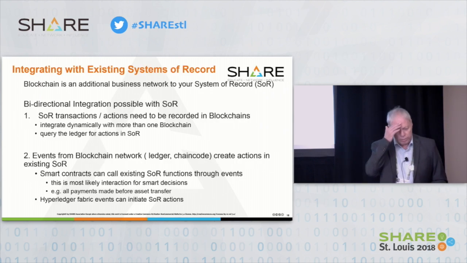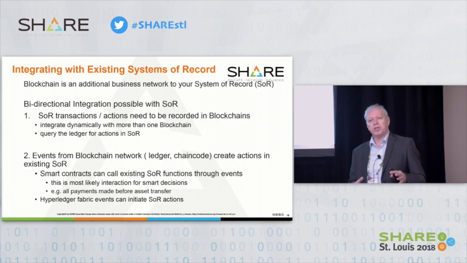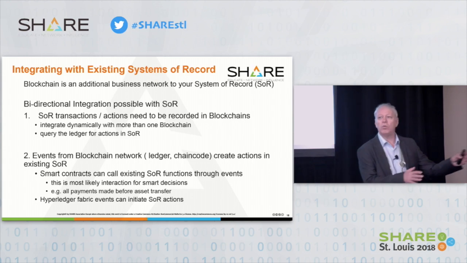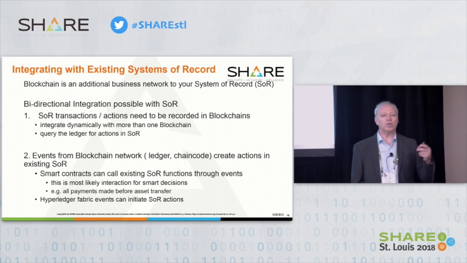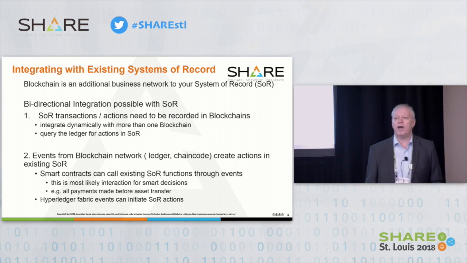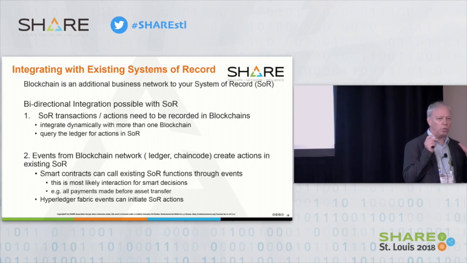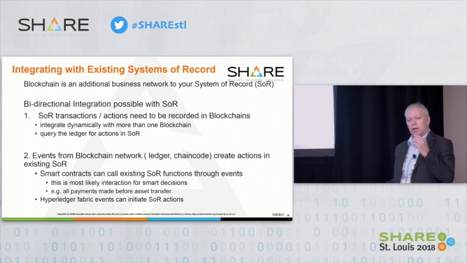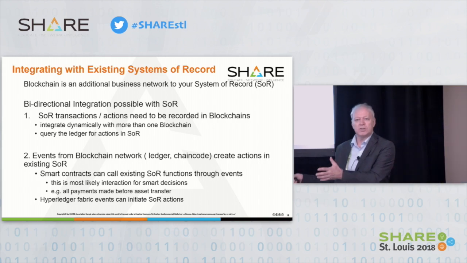Now, when we're looking at the integration with existing systems of record, one action could be that I need to record some transactions. Some I want, some I don't, or I want to record based on the transaction to different blockchains. Think of, you have a blockchain with your banks, with one or with multiple banks, and you have another blockchain with your partners or suppliers.